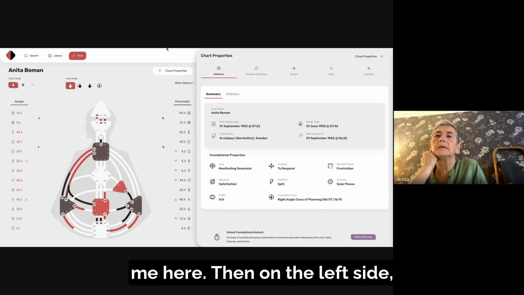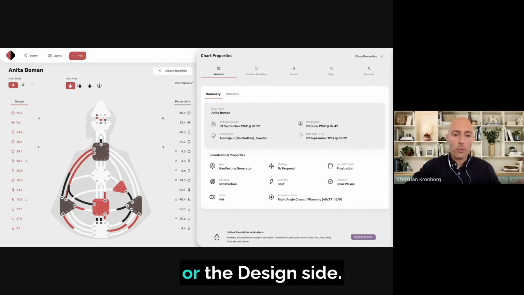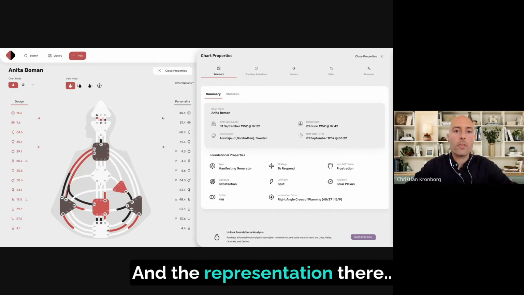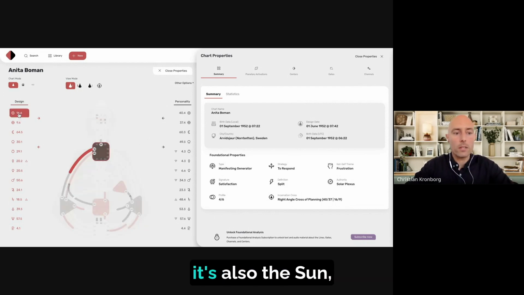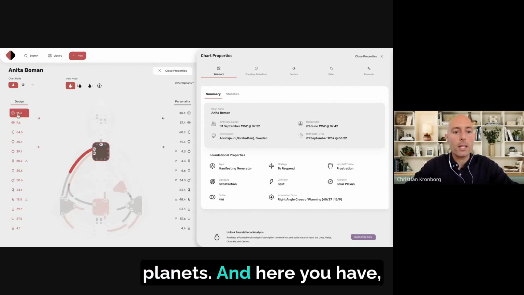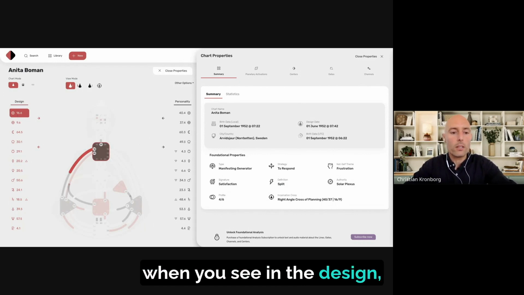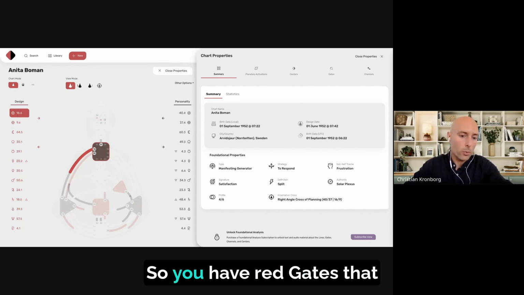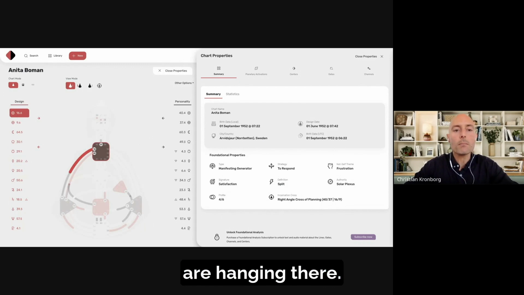Then on the left side, you have the red numbers, or the design side. Again, it's also the sun, the earth, and the moon here, and then it continues all the way down with the different planets. And in the design, you have red gates that are hanging there.